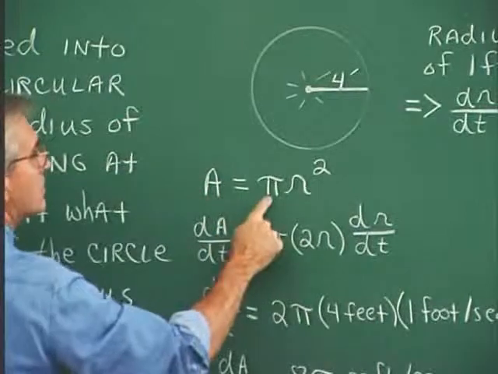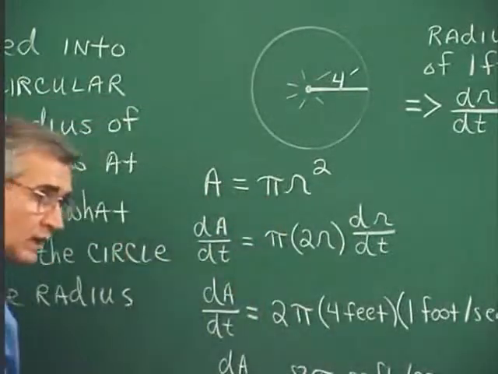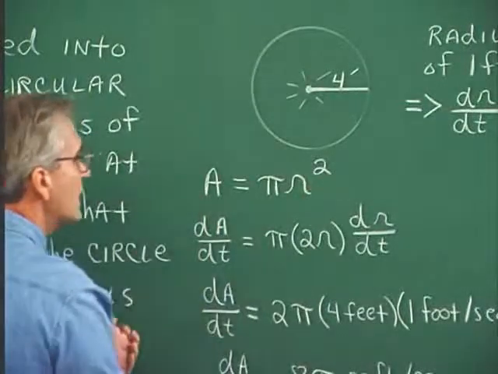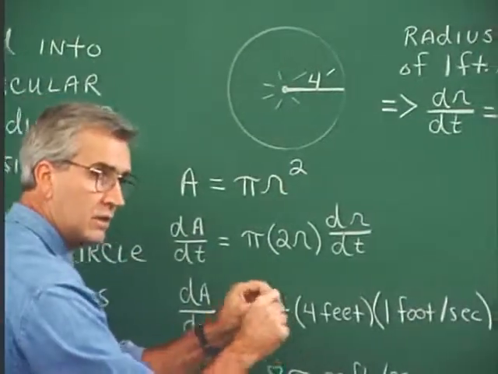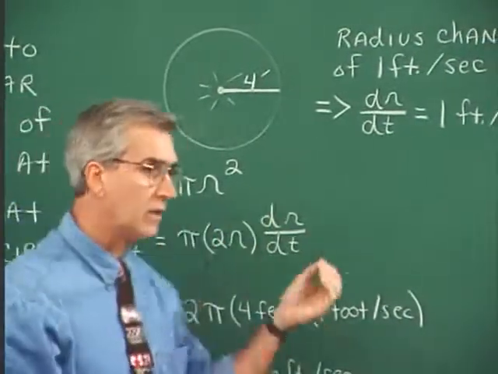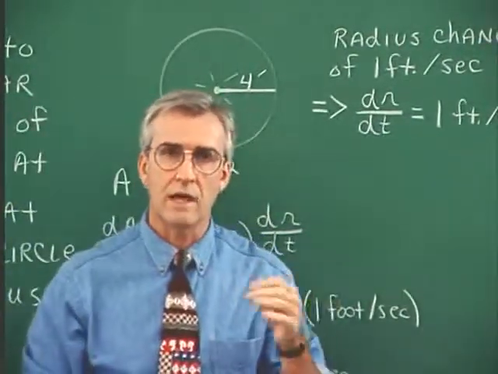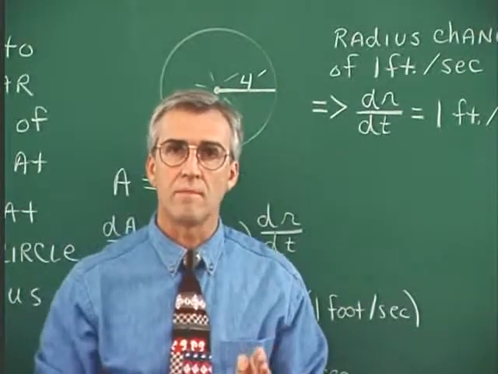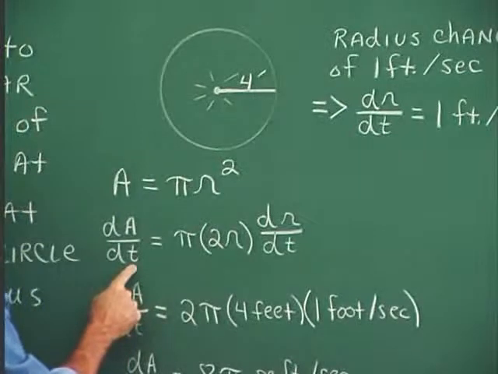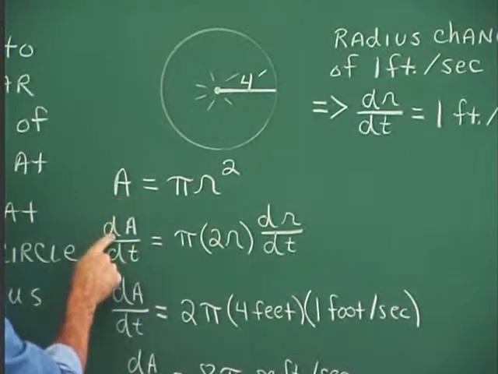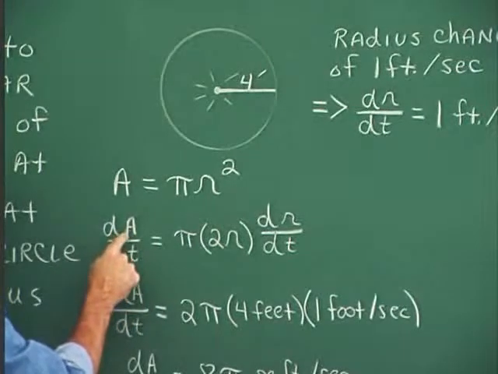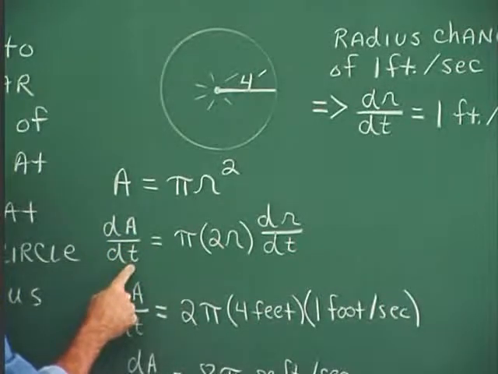Okay, so area is pi r squared. Now, implicitly differentiate on both sides according to time. This rate that we're talking about is a rate at a moment in time, so we are differentiating with respect to t. And so here we have dA dt, the change in area with respect to time.